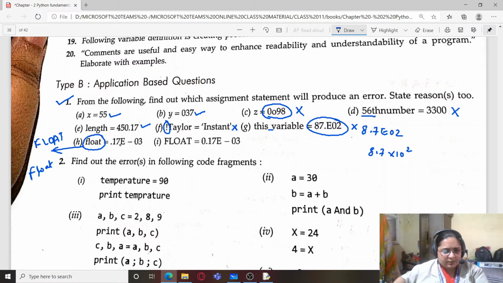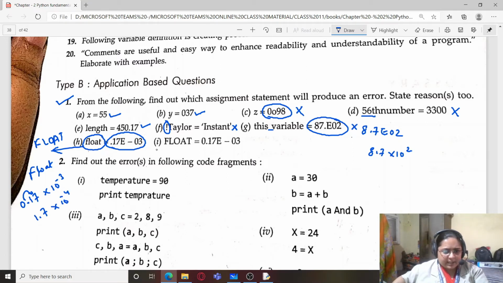Then 0.17. Again, we can change this. Because it is already like this, that is 0.17 into 10 raised to the power minus 3, I can shift the decimal so that it becomes 1.7 into 10 raised to the power minus 4.